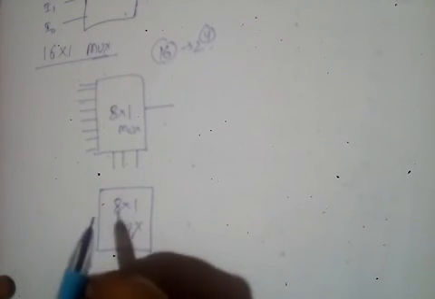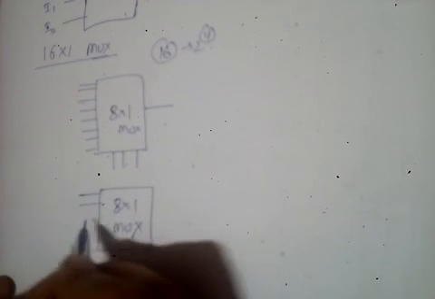So we require 2 8 by 1 mux in the first stage so that we can get 16 inputs.